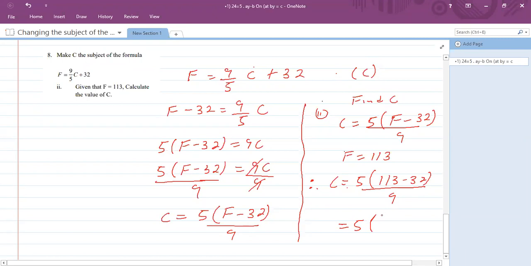So 81 over 9, right? So 9 goes into 81 nine times. Am I right? So we are left with 5 times 9. 5 times 9 will give me what? 45.